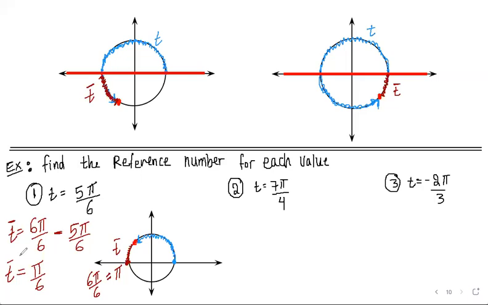For the second one, the same idea exactly. So we're going to graph. Let me erase this one.